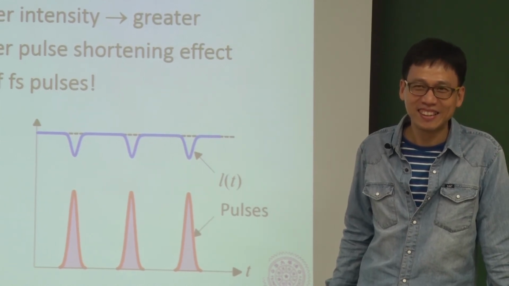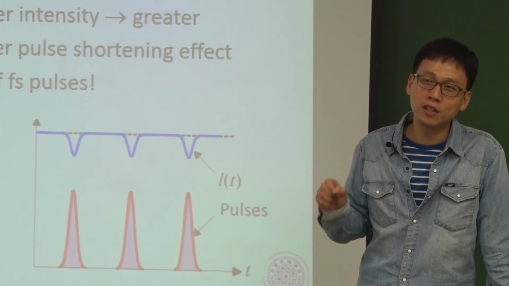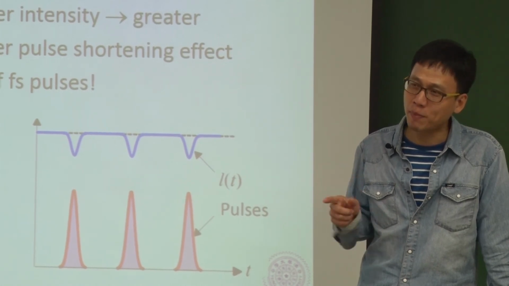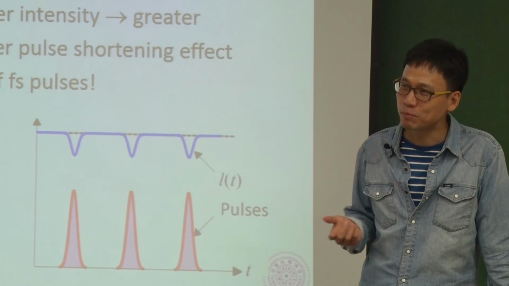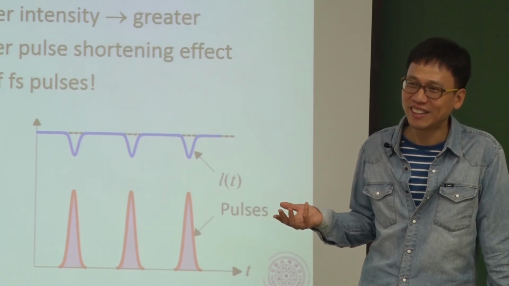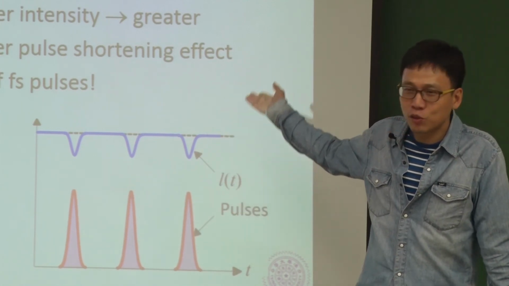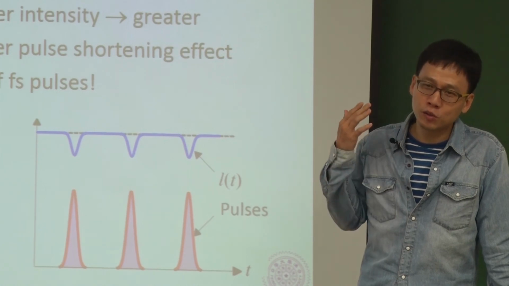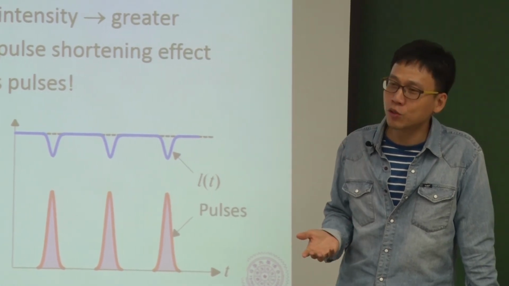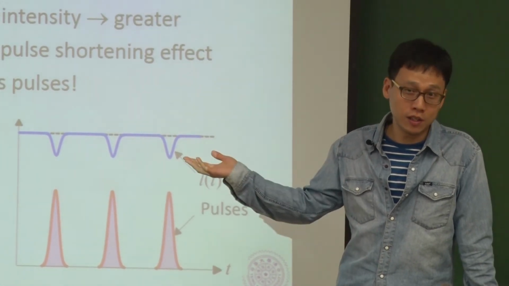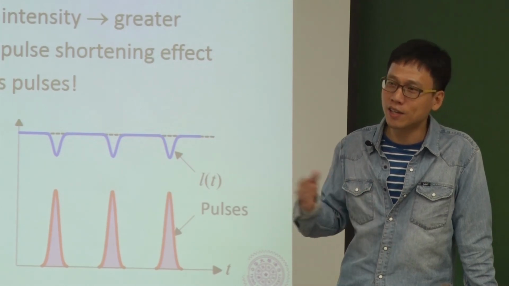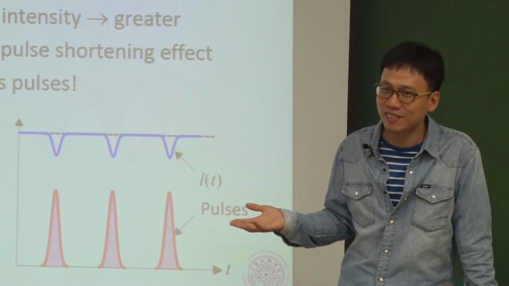Okay. The fundamental limit should be the gain bandwidth. It's material-wise, right? Even if this picture is so great, whenever you broaden your spectrum to as wide as your gain spectrum, that's the end.